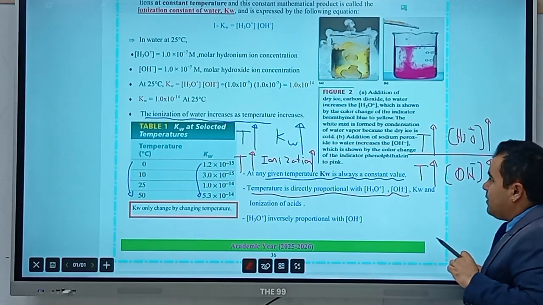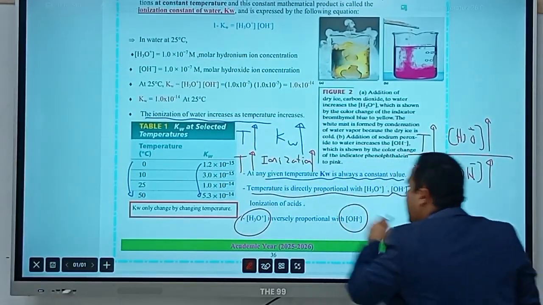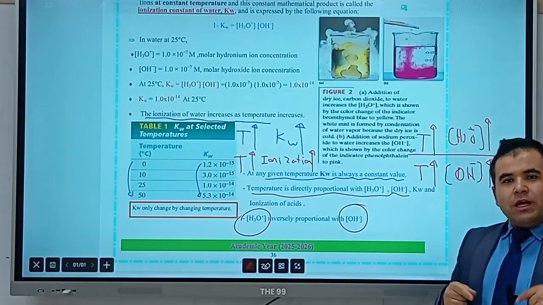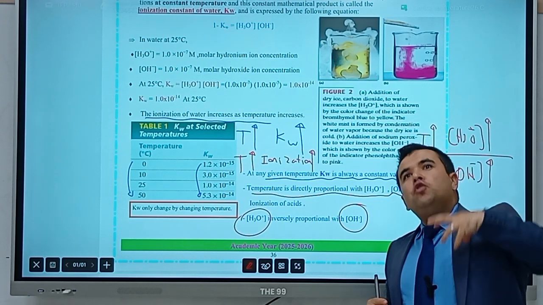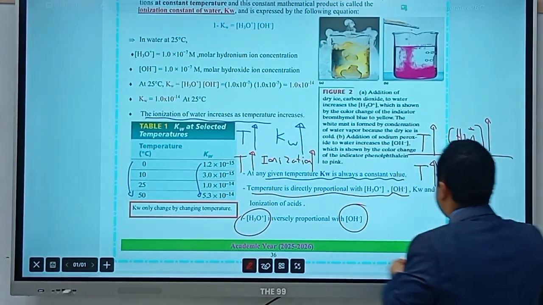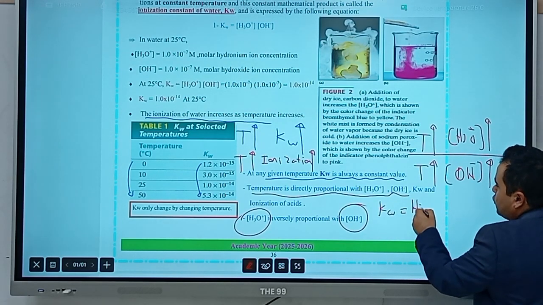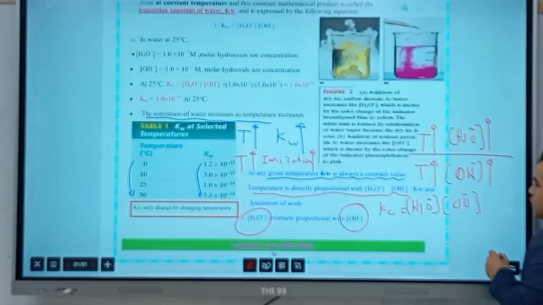But guys, if we take the relation between the hydronium and the hydroxide, they are inversely proportional, because as the hydronium increases, hydroxide must decrease to get the same value of Kw, because Kw is equal to hydronium concentration multiplied by the hydroxide concentration.